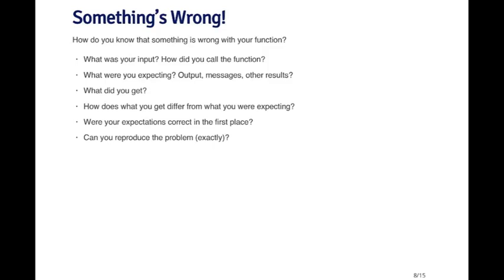Unless it's the most basic problem, you have to be able to reproduce it, because you have to be able to show someone, this is how I created the problem. Most people are not going to know, if you just show them the output or the error message, what that means or where it came from and how you got there. So the process by which you encountered the error is very important, and you have to know how to reproduce the problem.